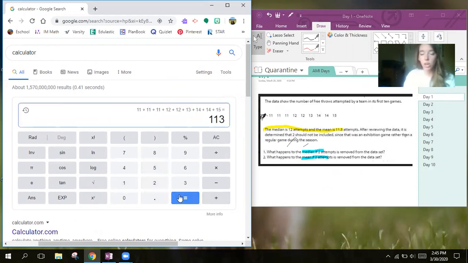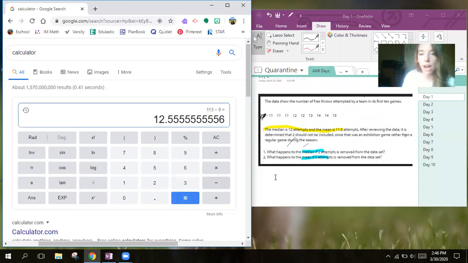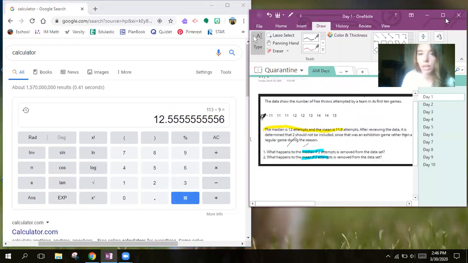Okay, so I have my total. My total is 113, and then I'm going to take that and divide it by how many we have. Now, to start with over here, we had 10 games, but they wanted us to remove 1. Okay, so now we only have 9. So that's our total, and then by how many games we had, we divide it by 9.